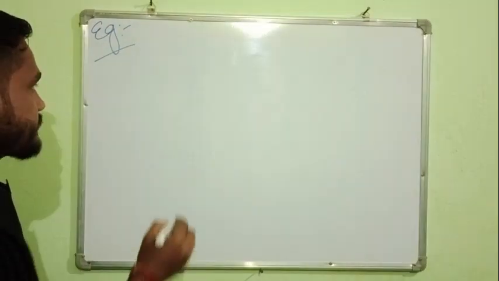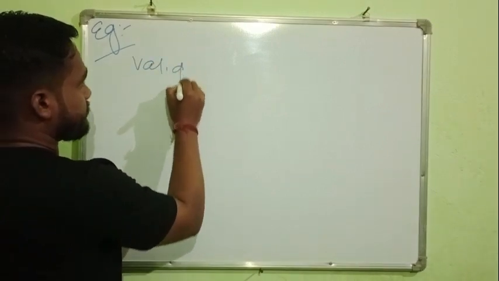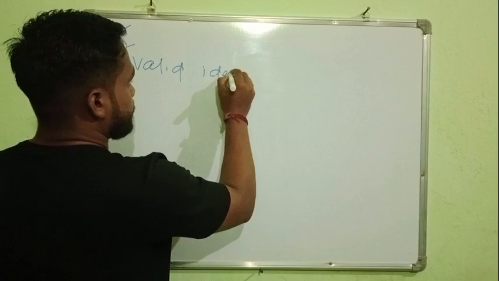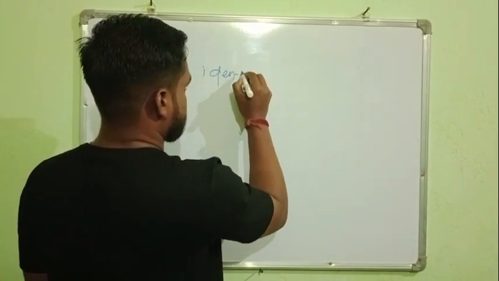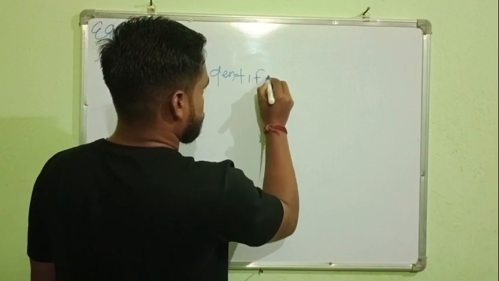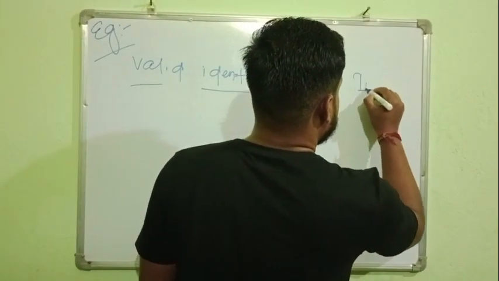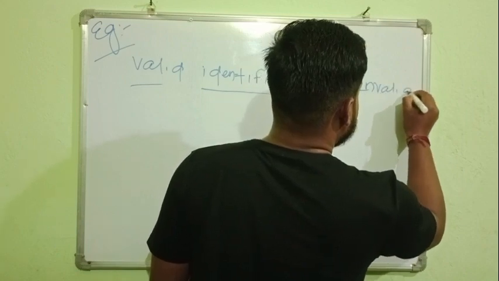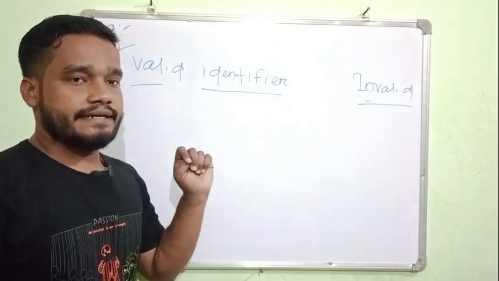So identifier, valid identifier. I will write invalid identifier this side. I will write valid identifier this side.